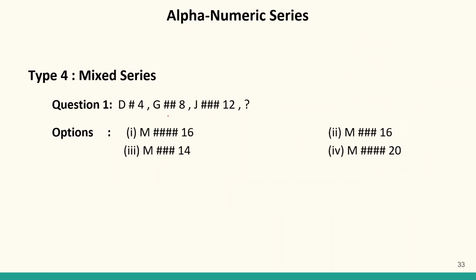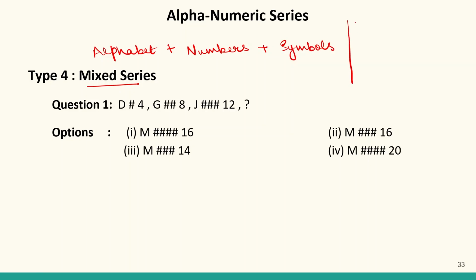Okay. Now let us look at mixed series. In mixed series, I told you there will be alphabets plus numbers plus symbols, right? All these 3 things will be in the mixed series, and we have to find out individual logic for all these 3.